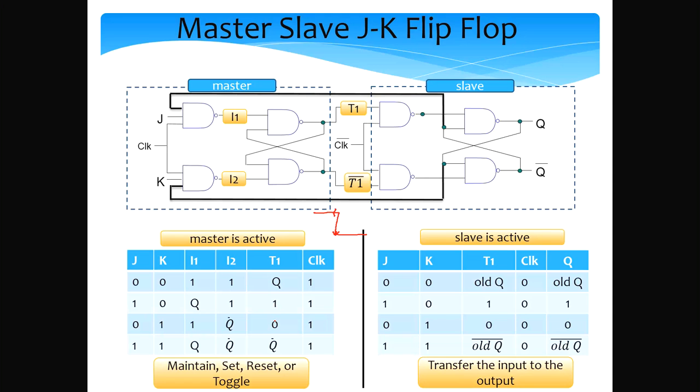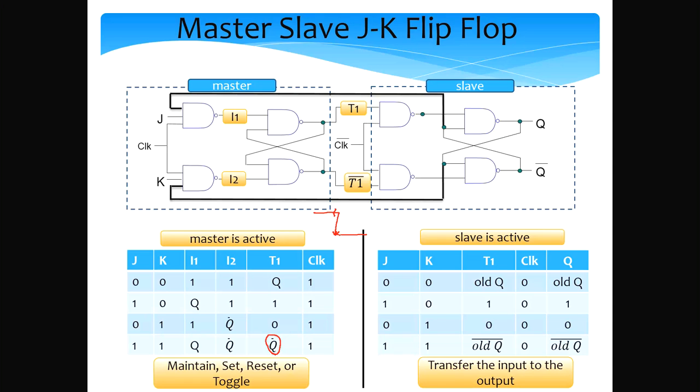If J is 0, K is 1, we reset the value. The interesting case which we have not seen up till now is when J is 1 and K is 1. In this case, we essentially toggle the value of Q, or we flip the value of the bit.